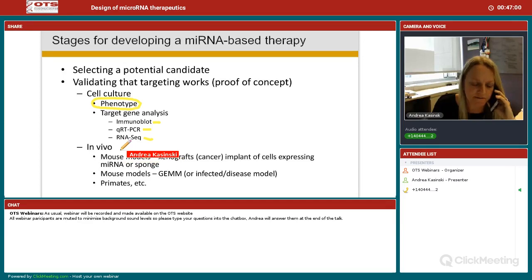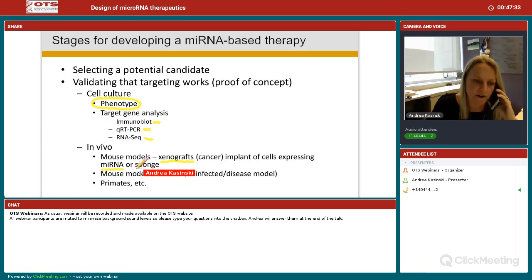Of course, mouse models are usually the first one that we gravitate to, especially in the cancer world. And the easiest one in that context would be a xenograft model where you have a certain cell type where you're overexpressing or knocking down that particular RNA. This can be done in a variety of ways, perhaps transiently with transfection, but probably a better way would be virally, where you can actually overexpress a microRNA in its unprocessed state using a virus, and that can be stably integrated into your cell line.